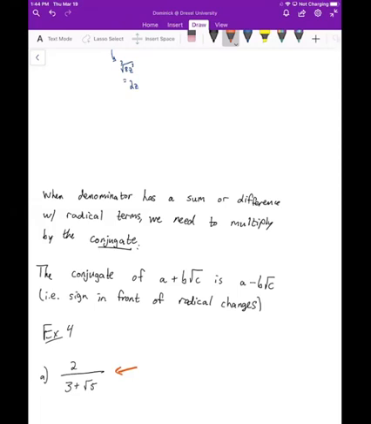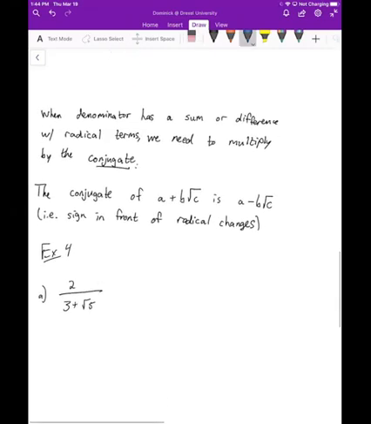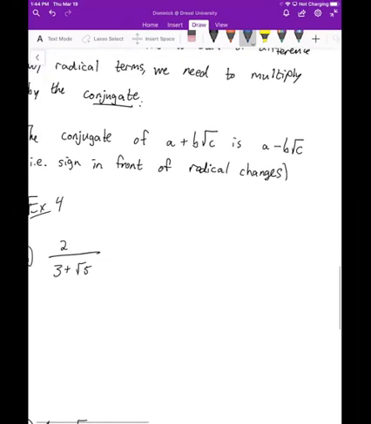So the conjugate is essentially whatever your expression is, except you're just now going to change the sign in front of the radical. So for example, in this problem here, we want to multiply by the conjugate of 3 plus square root of 5, which would be 3 minus square root of 5. So now we're going to multiply top and bottom by 3 minus square root of 5.